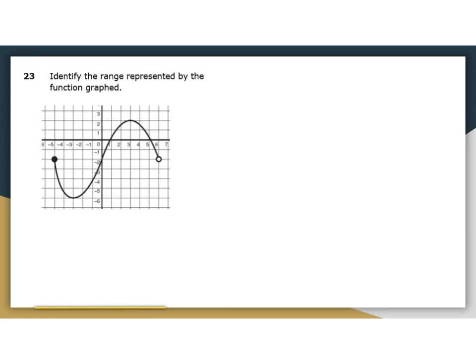So in this problem, we're being asked to identify the range represented by this graph. The range is the y values. So we're looking specifically for all the y values that we would find on this graph. A lot of times when students see a graph like this, they want to go straight to the points. But keep in mind, you have y values all along these curves.